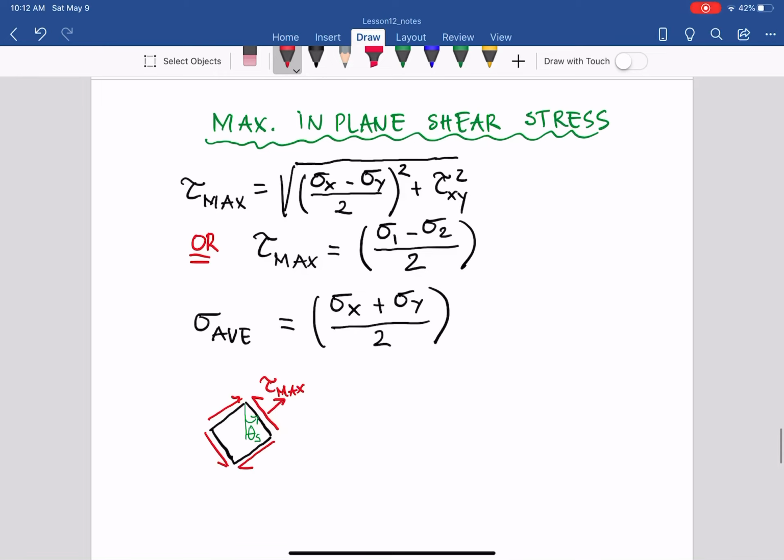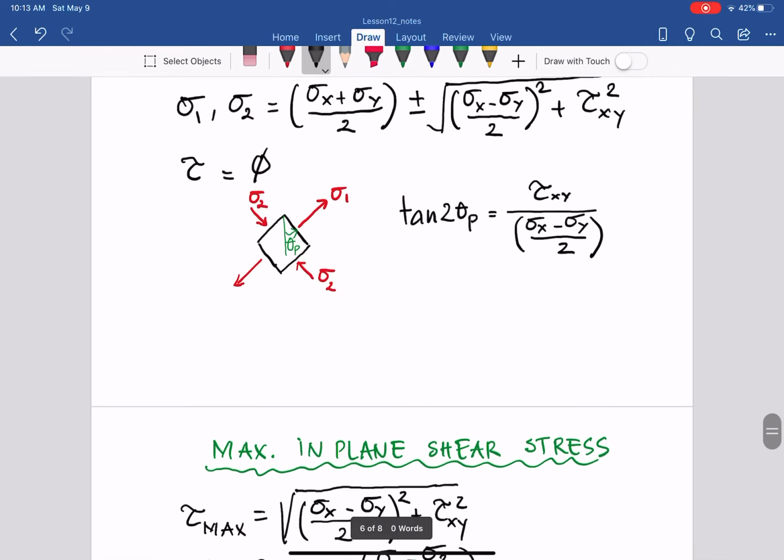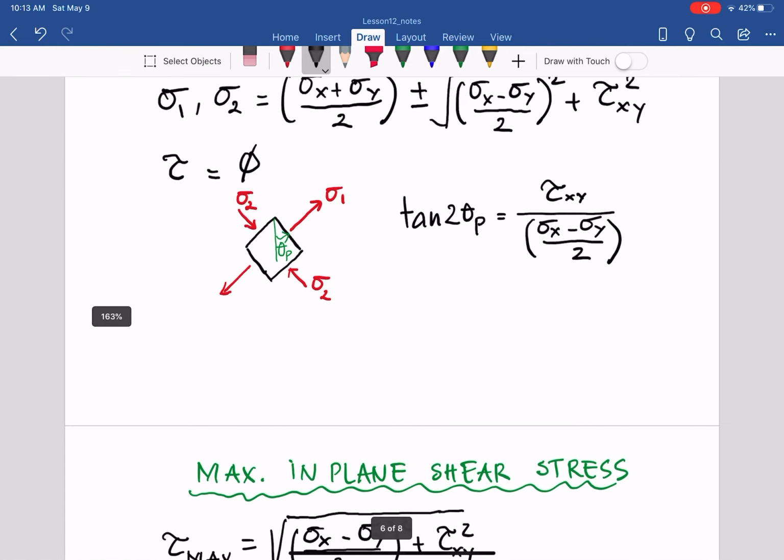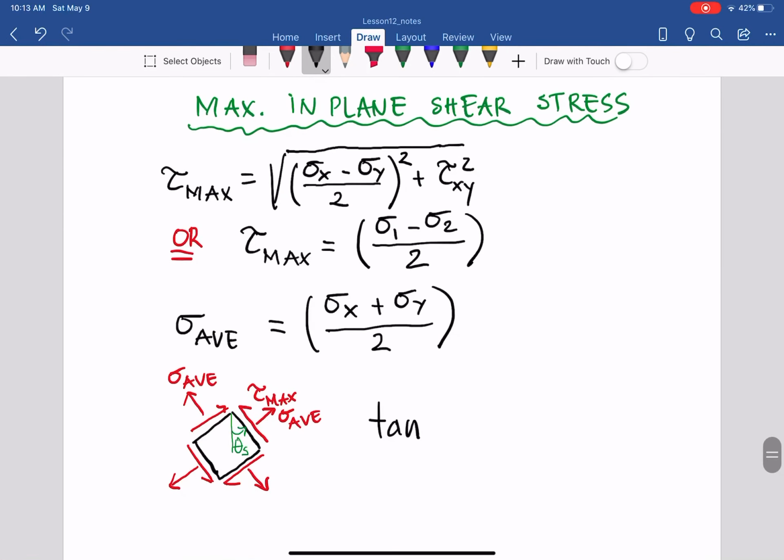So we have sigma average on each face, and that is theta s. How to determine theta s? It's basically similar to theta p. We can determine it by the equation here, and then take the inverse tangent, so you can find theta s.